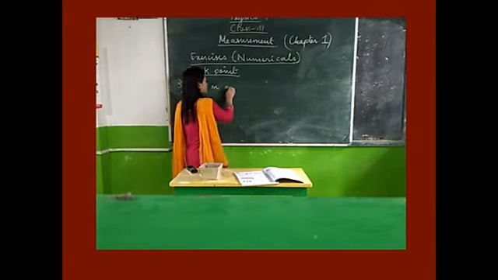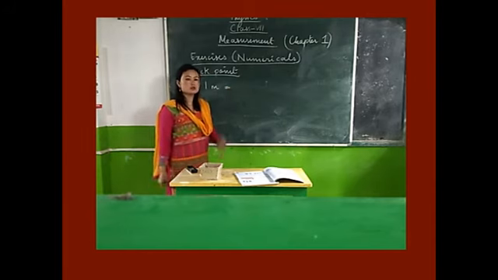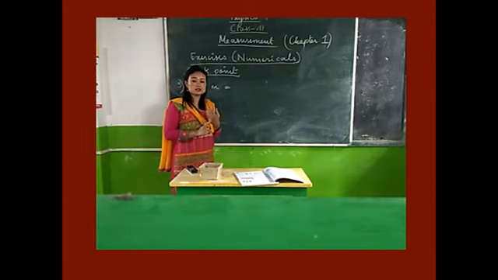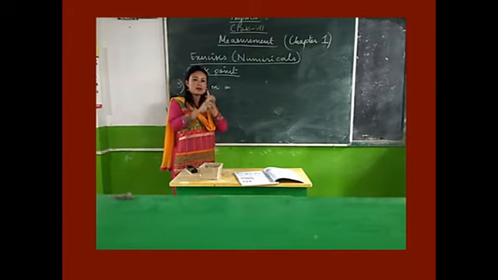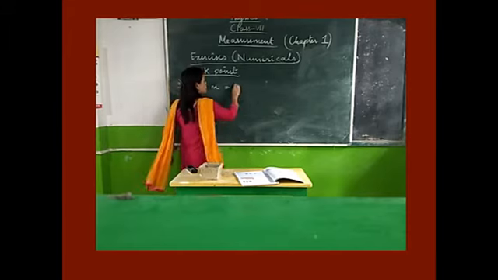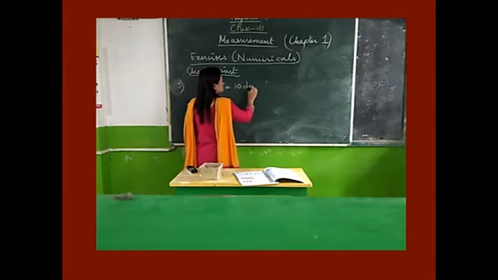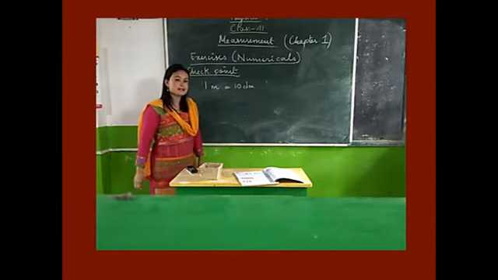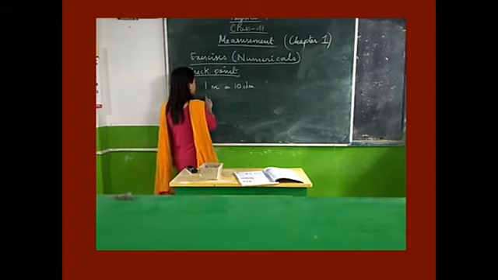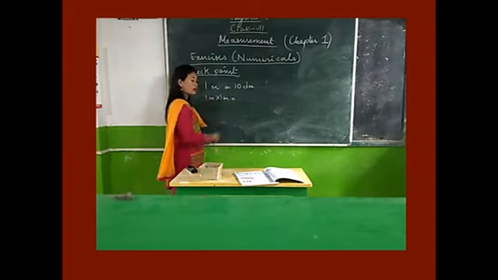Now 1 meter equals how much decimeter? You know what comes after meter? Meter, then decimeter, then centimeter, then millimeter. So soon after meter comes decimeter. So 1 meter equals how much decimeter? 10 decimeter.